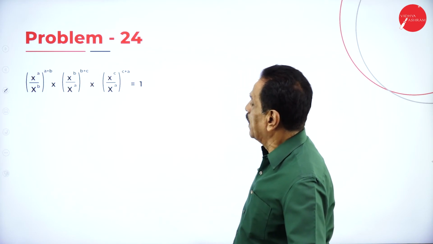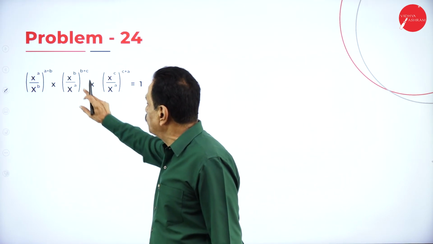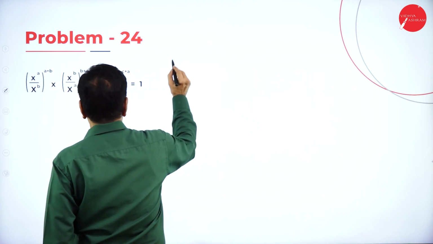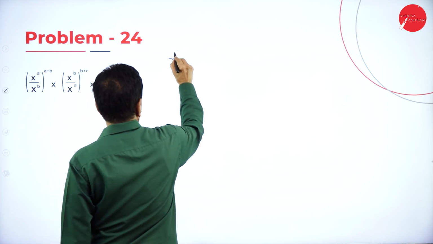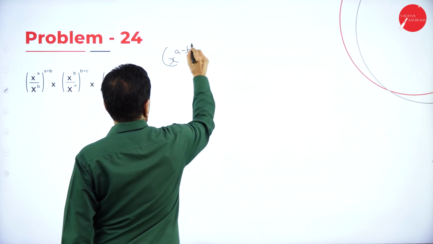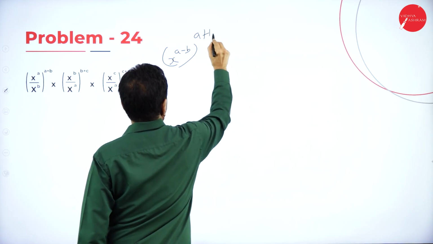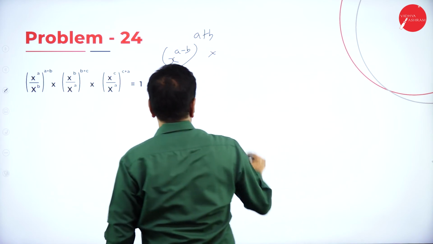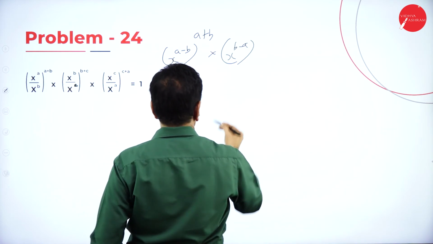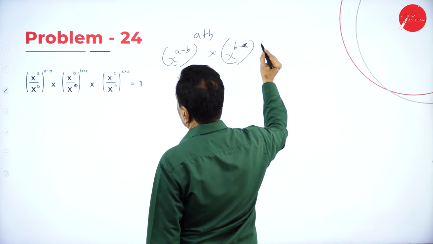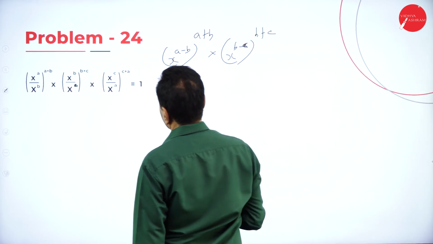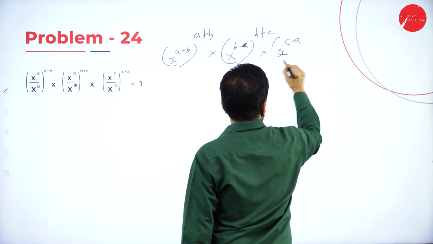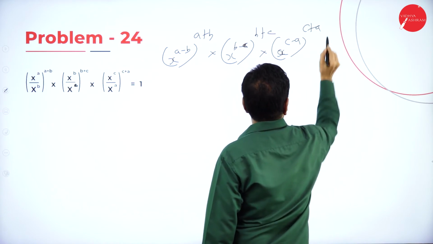x to the power of a to the power of b, x to the power of b divided by x to the power of a. This can be written as x to the power of a minus b to the power of a plus b. You take the plus b, it becomes power minus. This can be written as x to the power of b minus c to the power of b plus c into x to the power of c minus a whole to the power of c plus a.